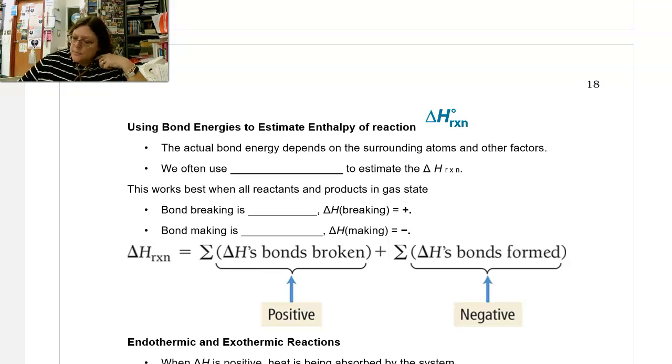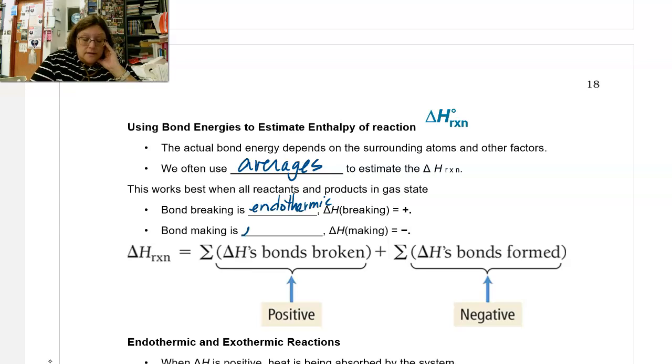The bond energy depends on the surrounding atoms, so we use averages. If we are breaking a bond, it's endothermic, and it'll be positive. If we are making or forming a bond, it's exothermic, and it will be negative.